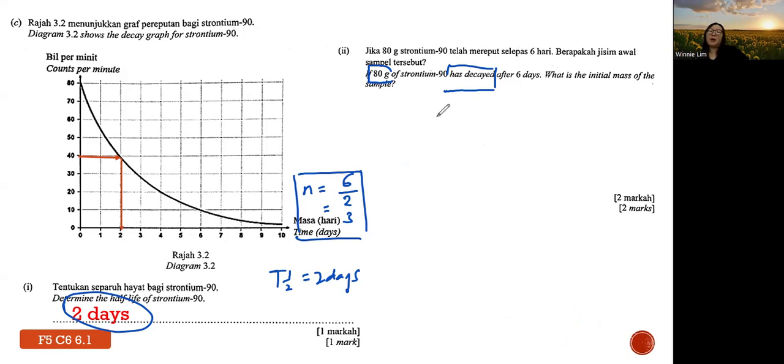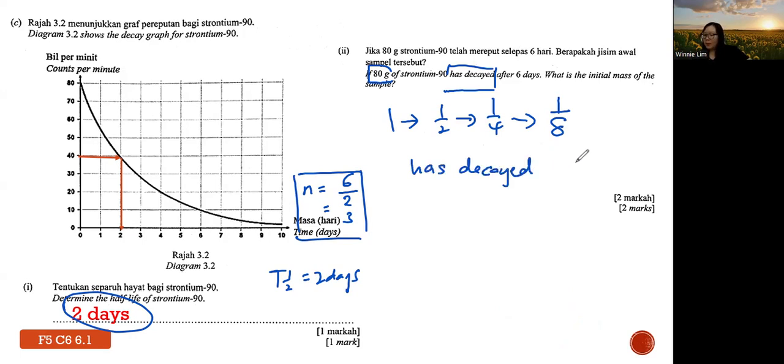So 1 half-life becomes 1/2, the second time 1/4, the third time 1/8. But this one is not the decayed mass. The decayed mass means 1 minus 1/8, so we have 7/8.